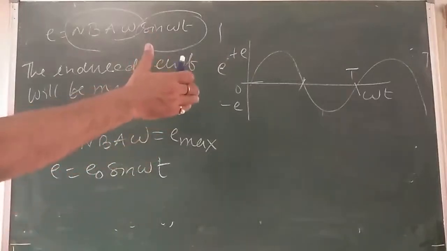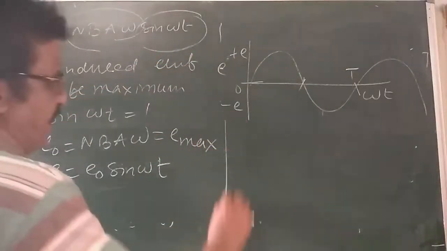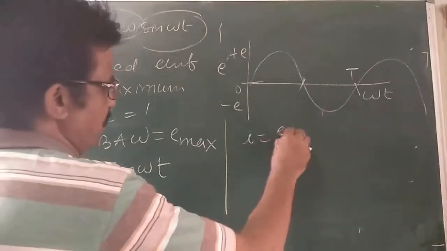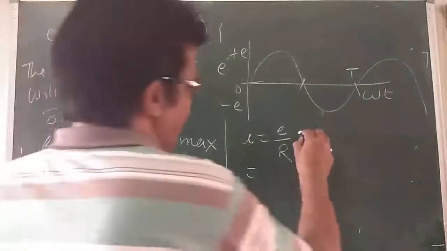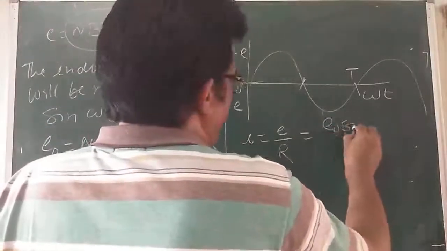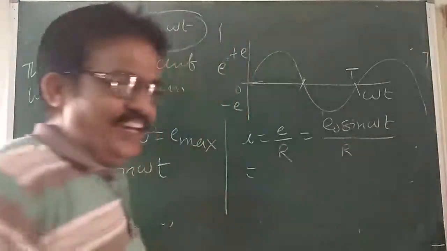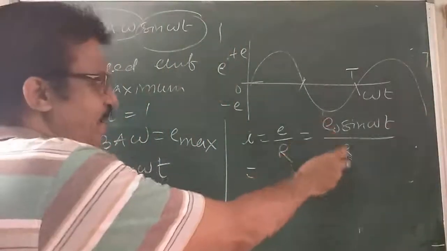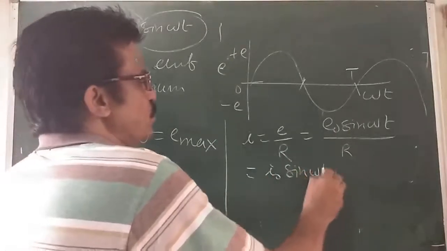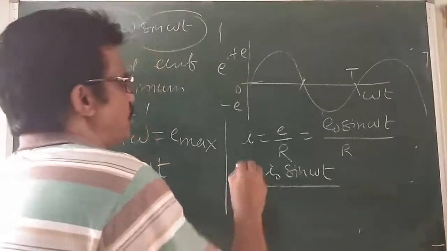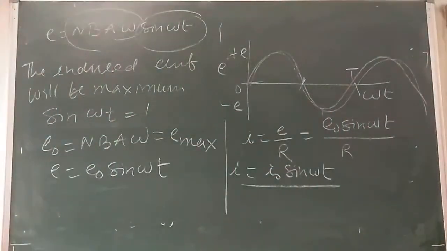So the current supplied by the AC generator is also sinusoidal in nature. That is, if the resistance of the coil is R, so I can write E naught sin omega t divided by R. Is it clear? So E naught by R is the peak value of current. We can say it is also sinusoidal in nature.